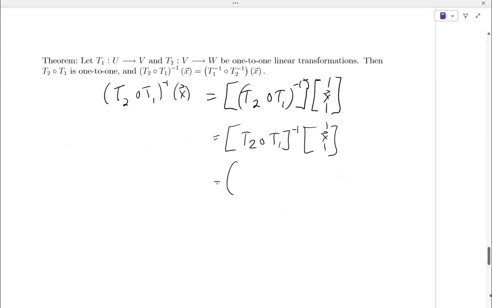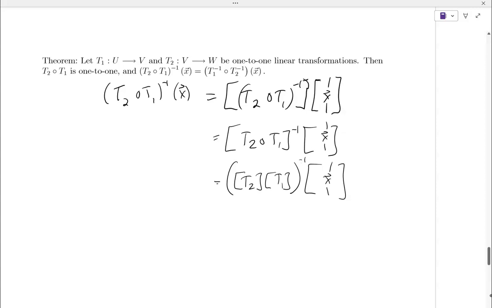We also said that I can do the composition by multiplying the two matrices together. Right? That's how we do composition of transformations if we have it as a matrix. Now notice what I have here. I've got the inverse of a product of matrices.